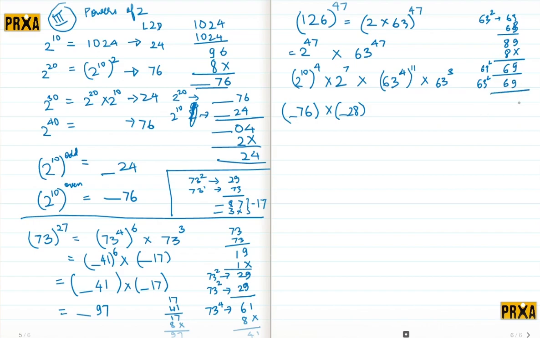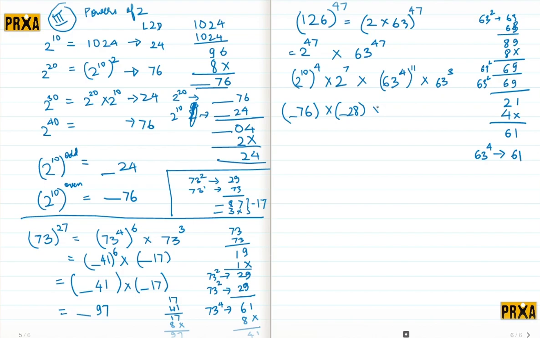Okay, so this is 9 9 the 81 and 8, 9 6 the 54, and it becomes 62, 9 6 the 54. Okay, so I get a 61. So 63 to the power 4, last two digits 61.